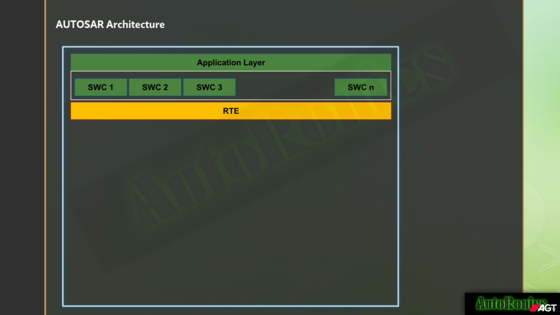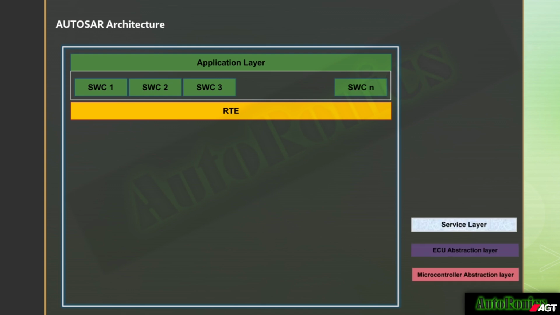So to summarize, the RTE is used to provide communication within the ECU, or it can be outside the ECUs, and it acts as a bridge between the application software and the base software.